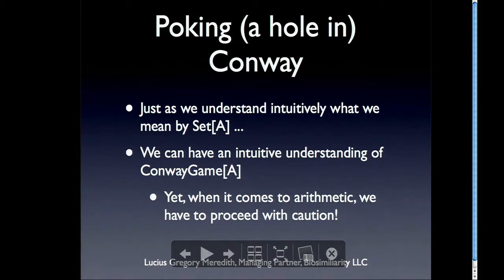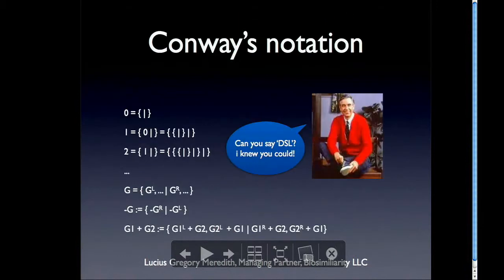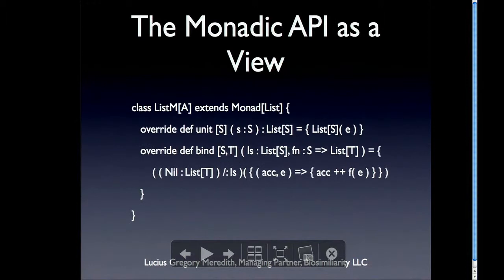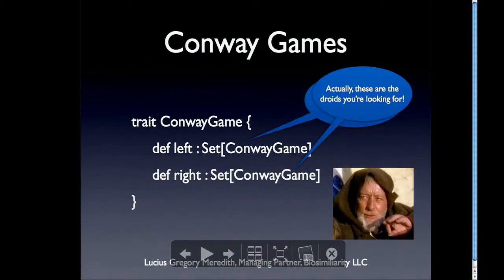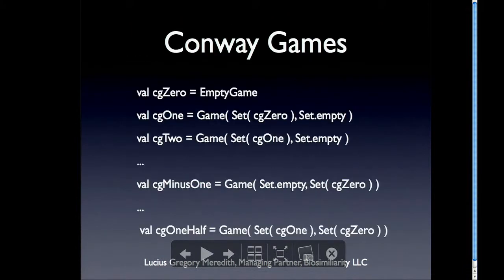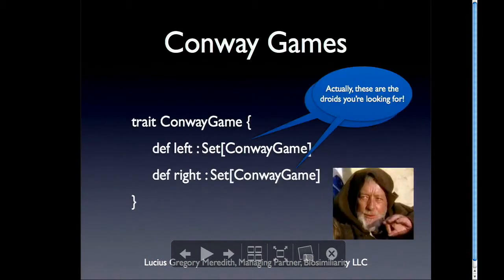They need to be parametric in something. They're a higher order creature, right? If we go back, right, all the way to the beginning, there. Our type constructor has to have a hole in it, right? So if we want to make a monad that has these two components in it, we've got to poke a hole in it. Right now, Conway games, there's our trait, no hole.